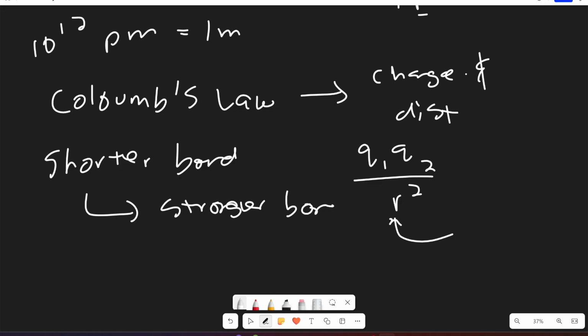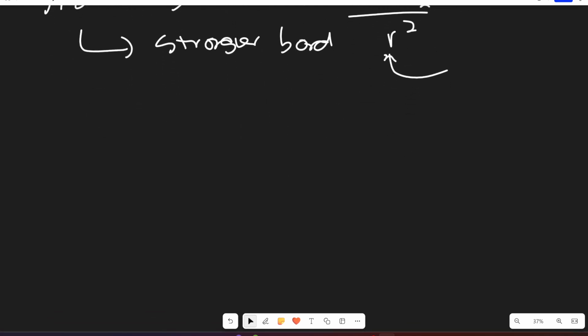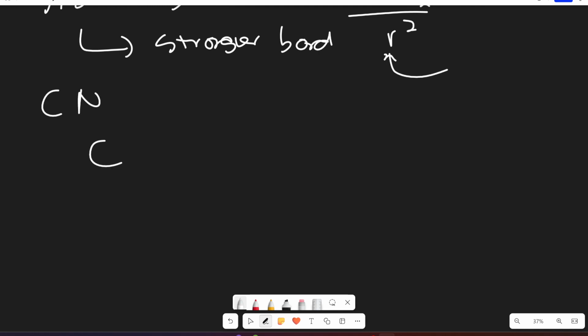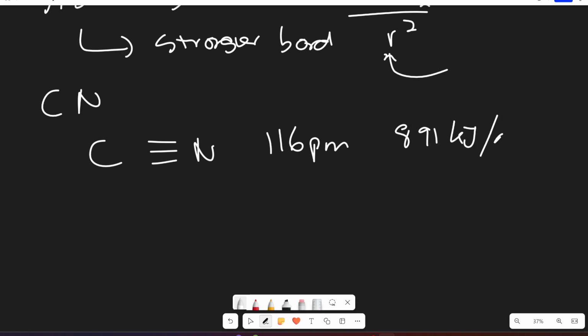And we can see that, let me just give some examples here. Let's say CN. If I just draw that bond here, it'll be a triple bond. The bond length for this is 116 picometers, and the bond energy is 891 kilojoules per mole. Now let me take another bond, a CC bond, which is a single bond here.